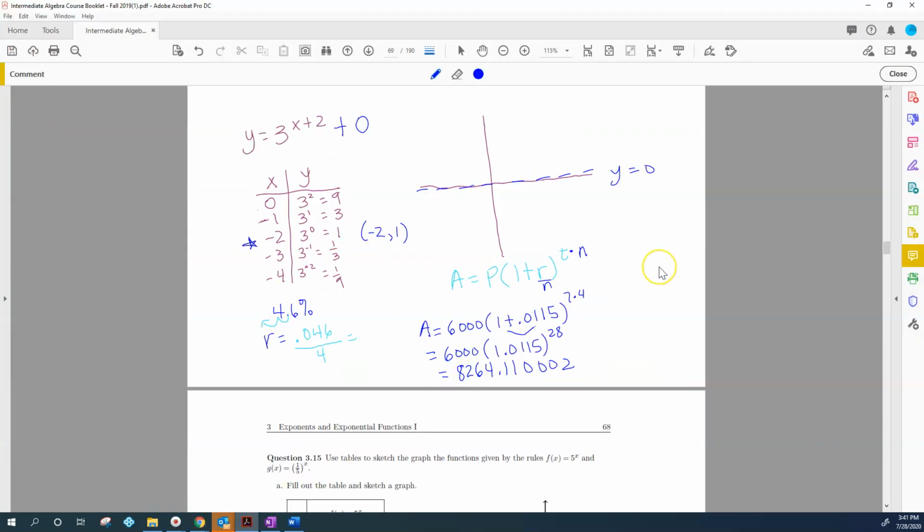So like I said, let me go back to the other page here. Let's look at this part. This is the formula that I would say to put down: A equals P, and then in parentheses, 1 plus R over N, raised to that NT power.